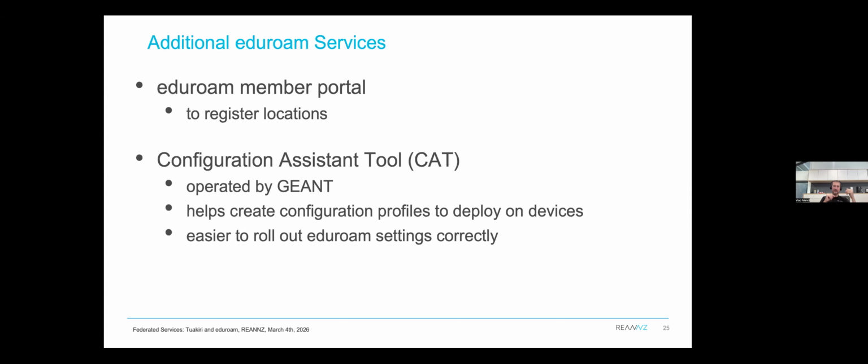So instead of telling users to select the eduroam network and select this way of authenticating, which users tend to either get wrong or skip parts of or just find really tedious, the CAT creates a configuration profile where the admins enter that information once, the users download the profile, and the profile configures everything on the device the way it should be. That results in more secure and reliable connection profiles deployed on devices, and it's easier to roll out eduroam for all your users.